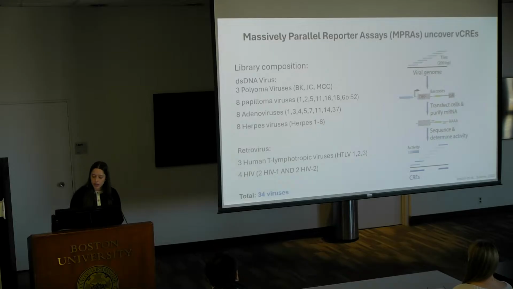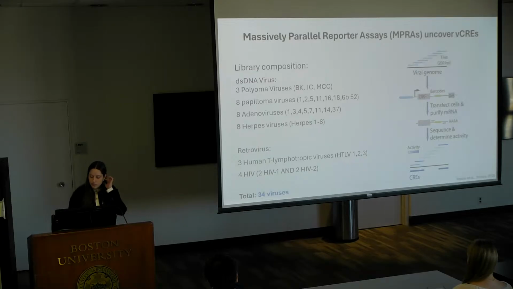In MPRAs, viral genomic fragments are cloned upstream of a minimal promoter, reporter gene, as well as unique barcodes. Then the transcriptional activity of each fragment is inferred by comparing the relative number of barcode reads of the RNA fraction versus the plasmid fraction.